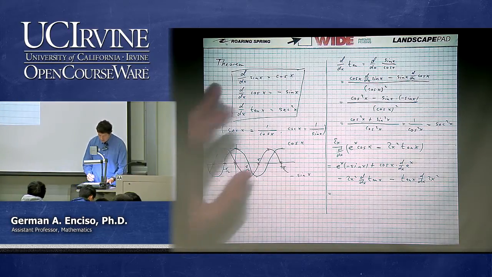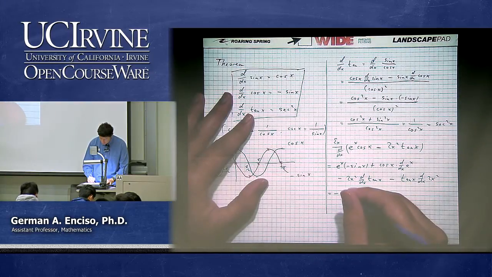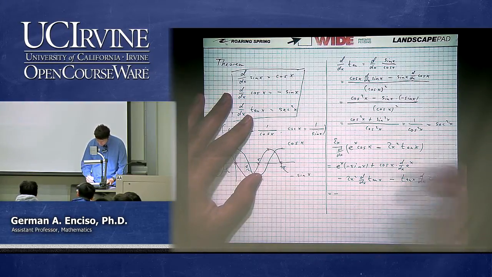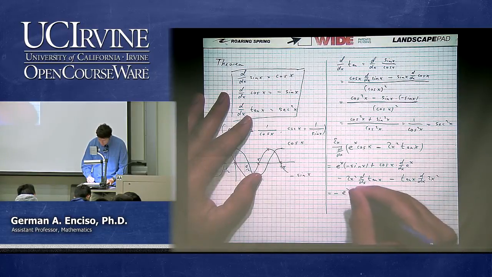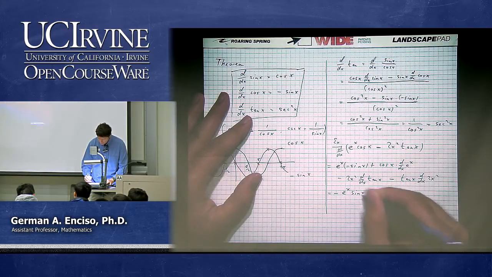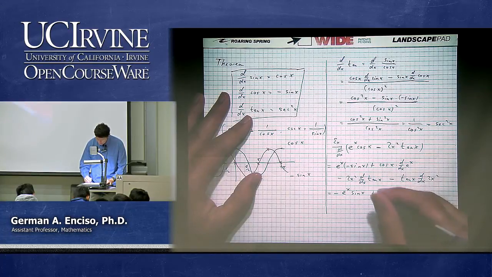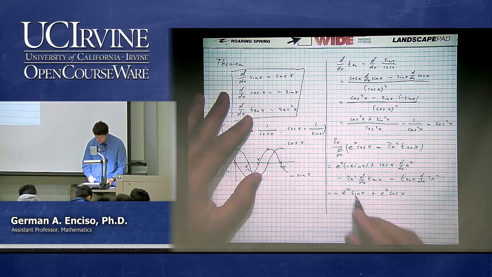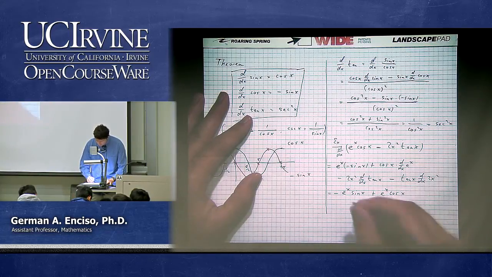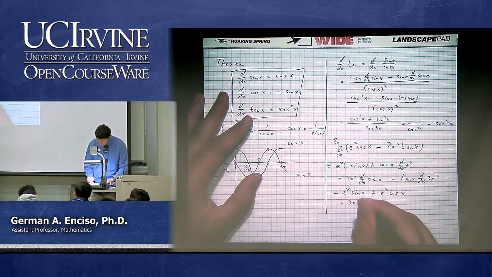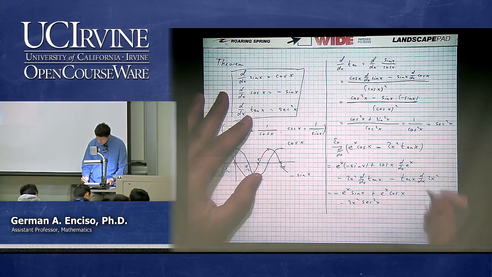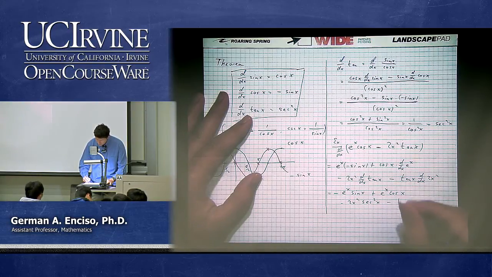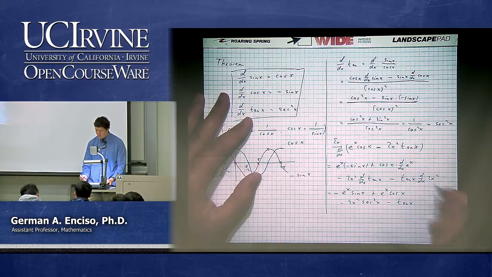Okay, and that thing is equal to minus e to the x sine of x, okay, plus e to the x cosine x minus 2x squared secant squared minus tangent x times the derivative of 2x squared.